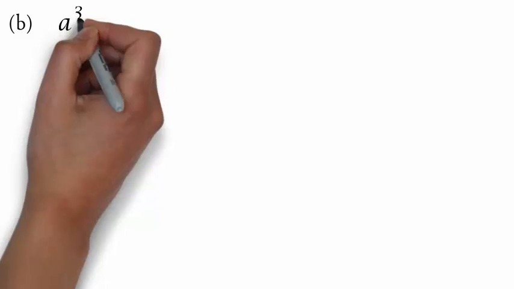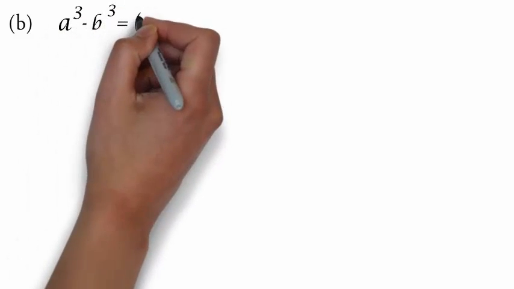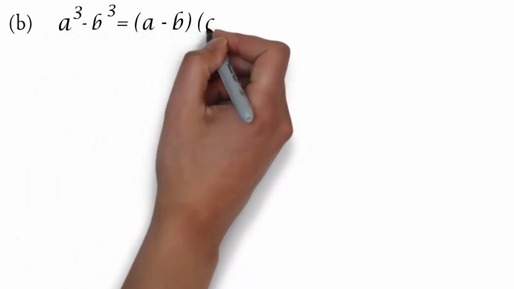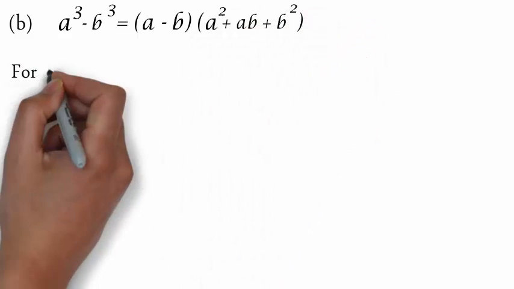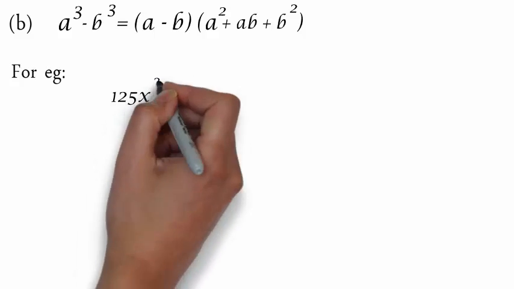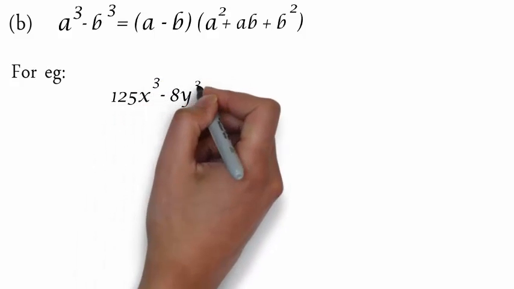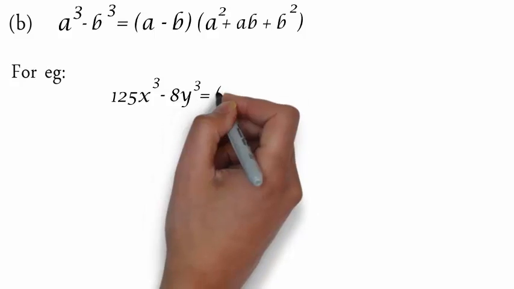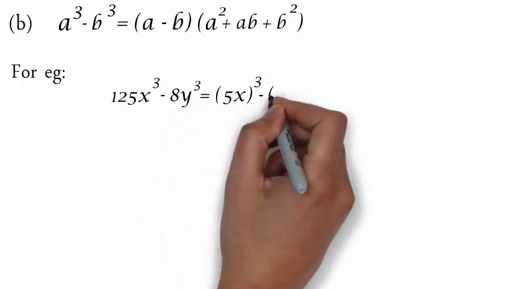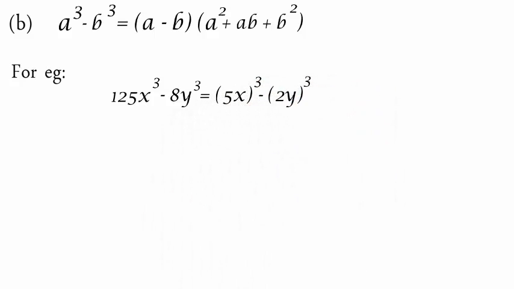a³ - b³ = (a - b)(a² + ab + b²). For example, 125x³ - 8y³. We know that 125 is the cube of 5 and 8 is the cube of 2. So we can write the equation (5x)³ - (2y)³.